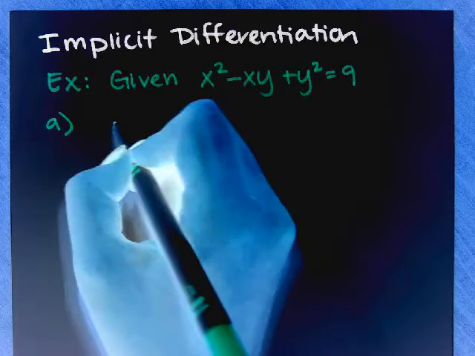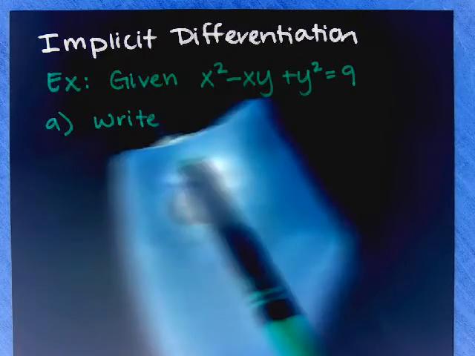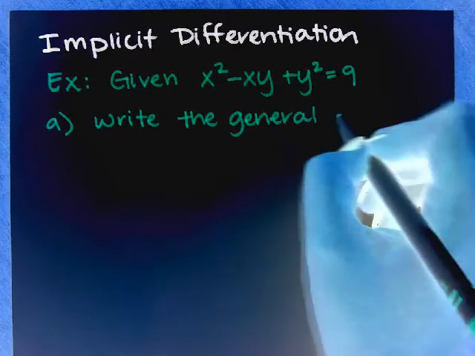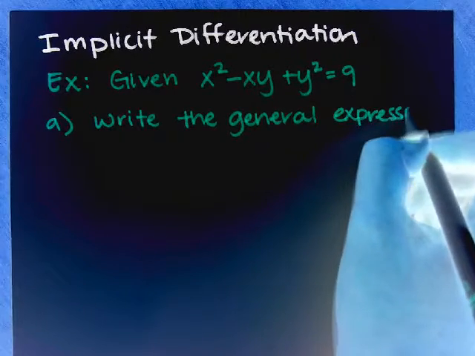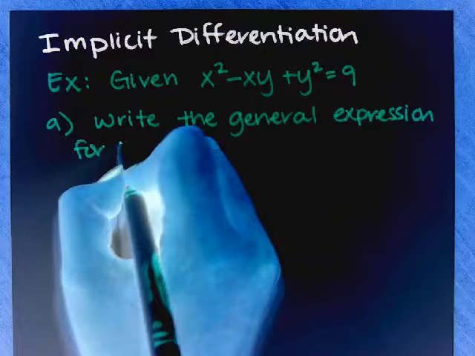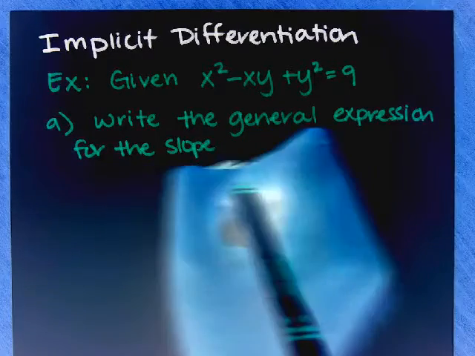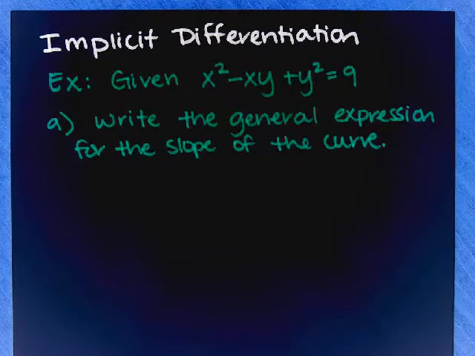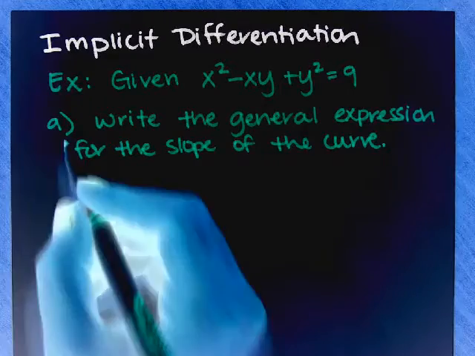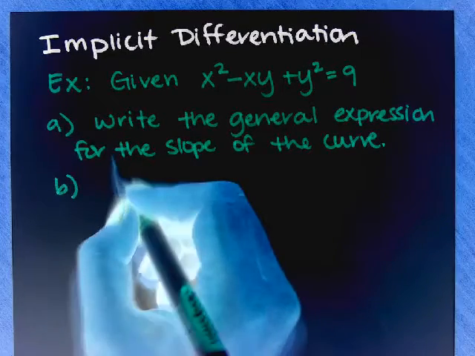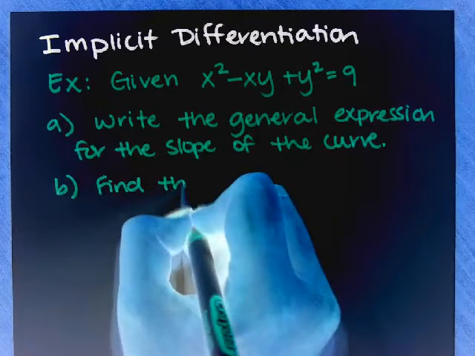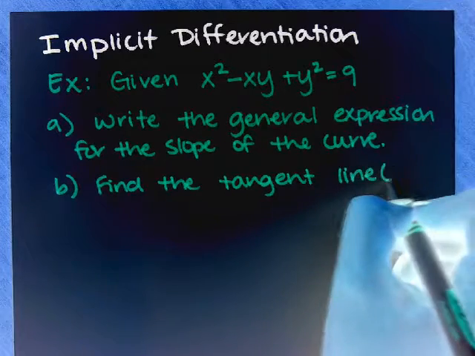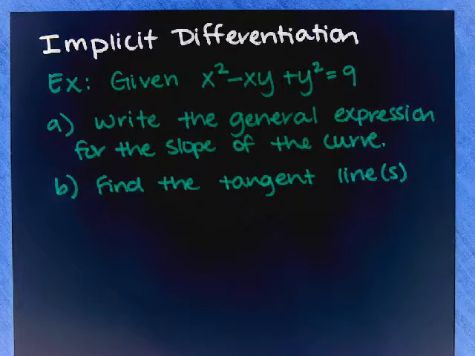So there's our curve. If we're going to go ahead and write the general expression for the slope of the curve, what do I mean by that? Find the derivative. Okay. We're going to find the tangent lines. Now I'm going to put the S in parentheses because it could be one or it could be more than one.